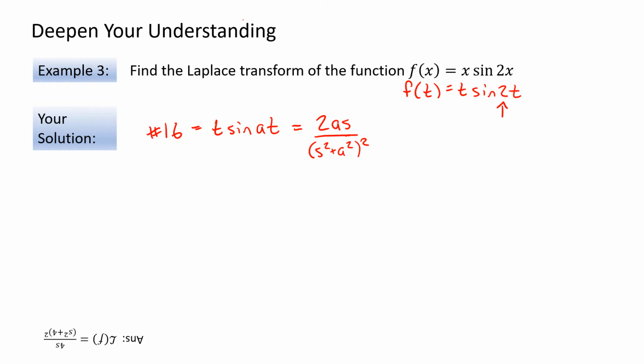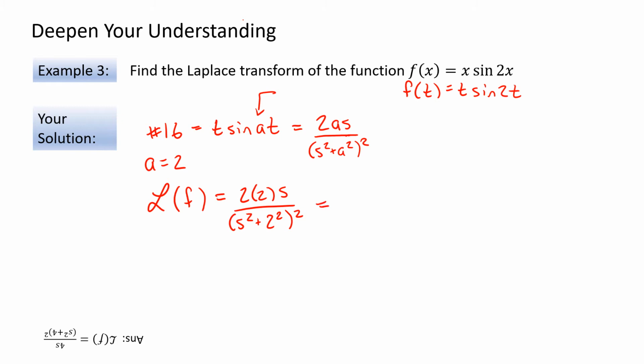So if we want to fit this into the form, then our value a must be equal to 2, which is the coefficient in our question. So the Laplace transform of this function, you can just write it as F if you'd like, is equal to 2 times a, which is 2, times s, divided by s squared plus a squared, which is 2 squared, all squared.